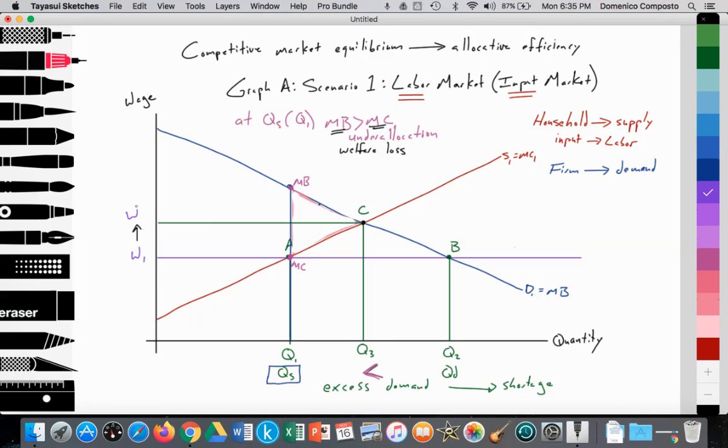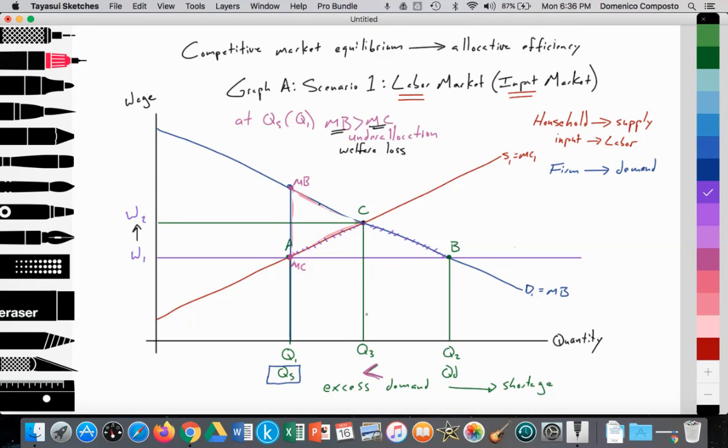So the wage will rise to W2, and as the wage rises, households will increase their quantity supplied of labor up to that higher wage. And as the wage rises, firms will decrease their quantity demanded for labor until we get to point C. So the shortage has been cleared.